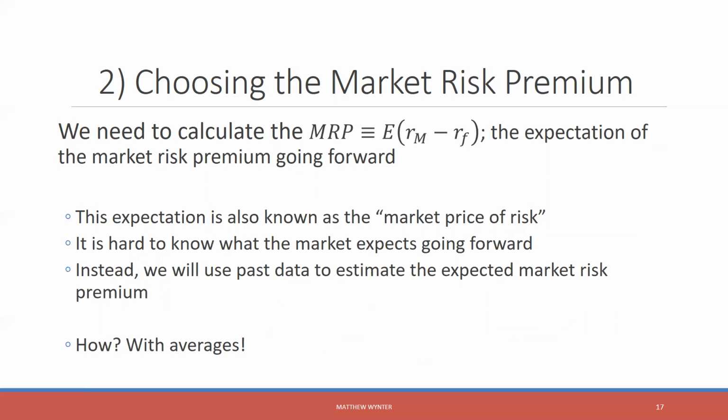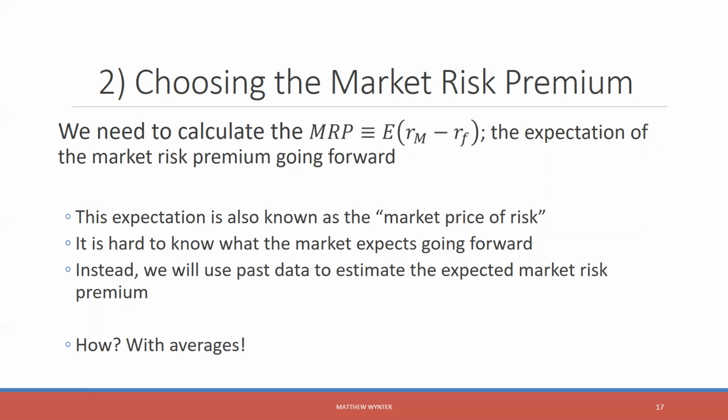That is incredibly difficult. It is very difficult to know what you expect the market price of risk to be in the future. Because it's so hard to know what the market expects going forward, instead, we're going to use past data to estimate expected market risk premium.